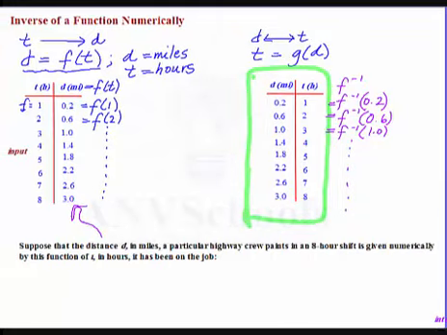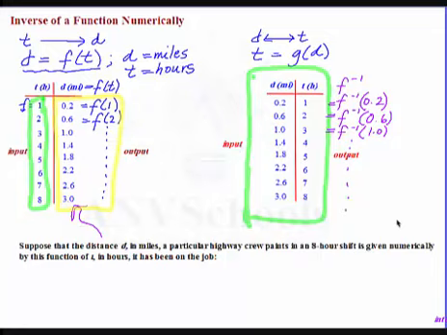Anyway, so this one here is our input for this side, and this is our output. Now on the other side, on the right side, we have our output here, and this is our input.